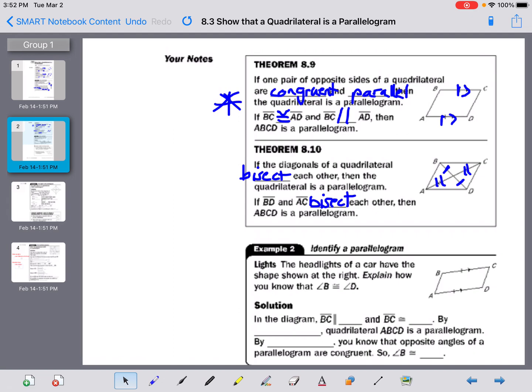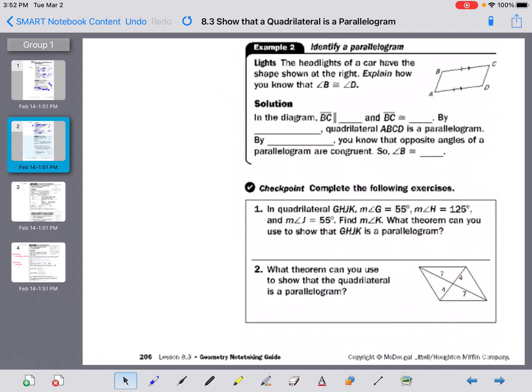So looking at example 2 here, move my paper. It says that the headlights of a car have the shape shown at the right. So when I look at this shape over here, I notice these opposite sides are congruent. I notice they have arrows, so they are parallel.